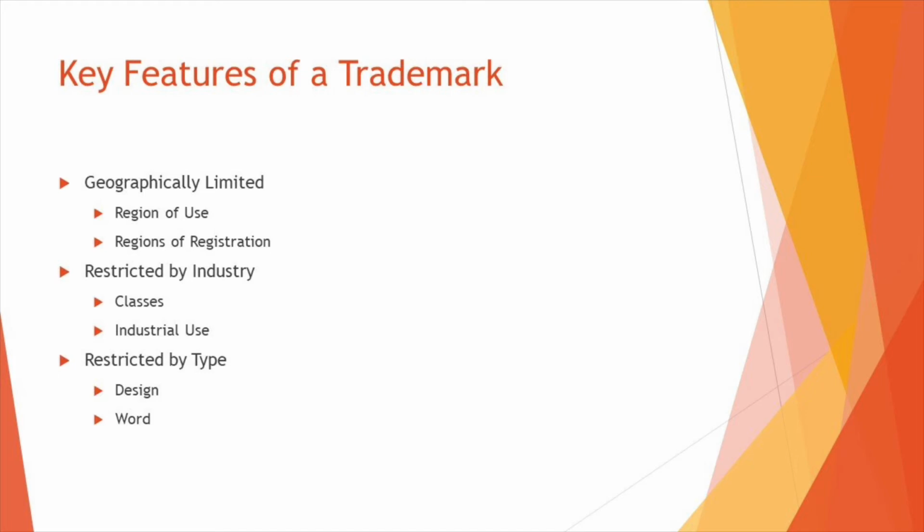Similarly, the trademark will be restricted by industry. The way this is generally done across jurisdictions is that trademarks and the registry of trademarks will be divided into a series of classes, and these classes are collections of industries and uses that are associated with one another. And a trademark will only be granted in a specific class or in a series of classes, and the restrictions of the trademark will only prevent others from using the trademark or using a substantially similar mark within the same industries that it's protected.